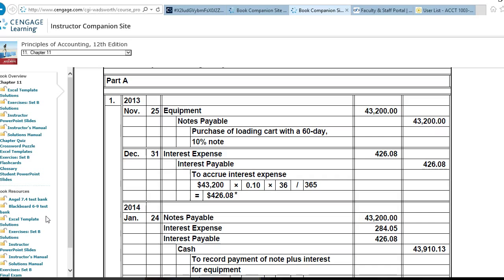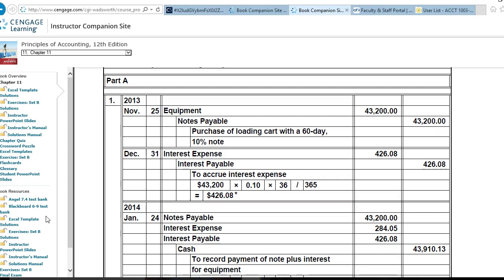So 36 days, we take the $43,200, the loan amount, times the interest rate, 10%, times 36 days divided by 365 days. Or we have $426.08 we're going to show as a debit to interest expense and a credit to interest payable.